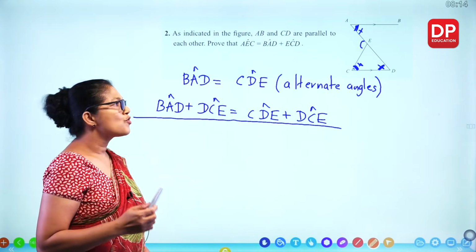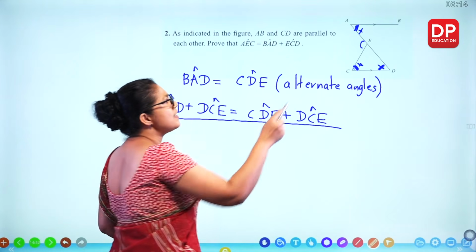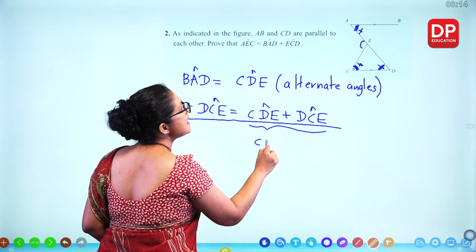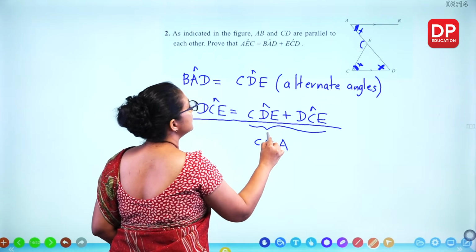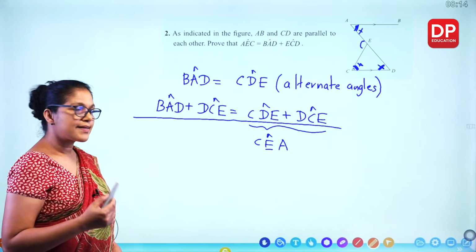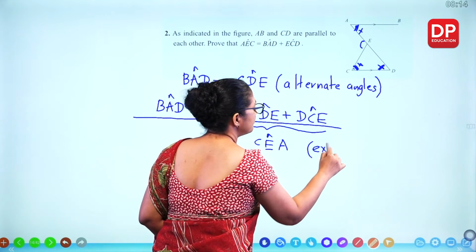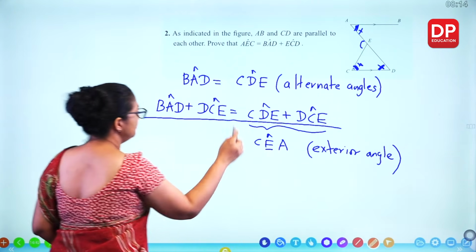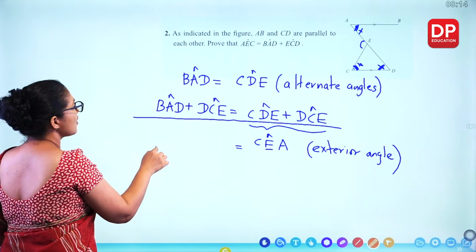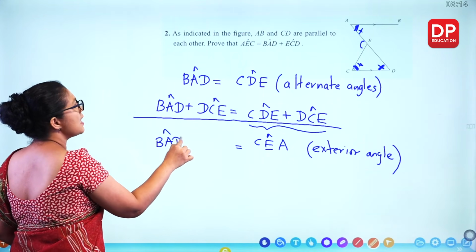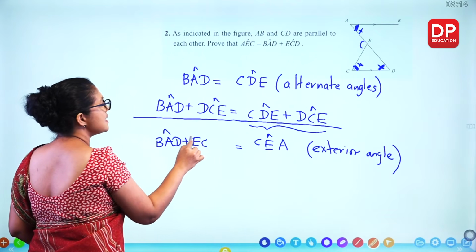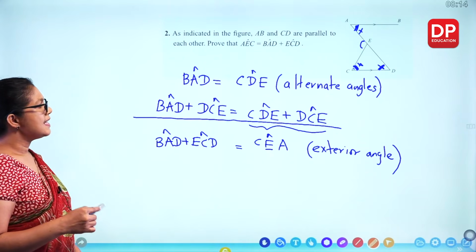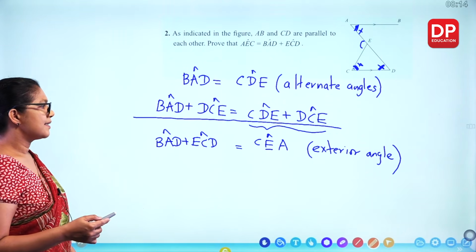What can I write? Those two are opposite interior angles to this one. So instead of these two, I can write CEA angle. Why? That's the exterior angle. So I get what is required. BAD plus ECD, same as DCE, is equal to CEA or AEC.